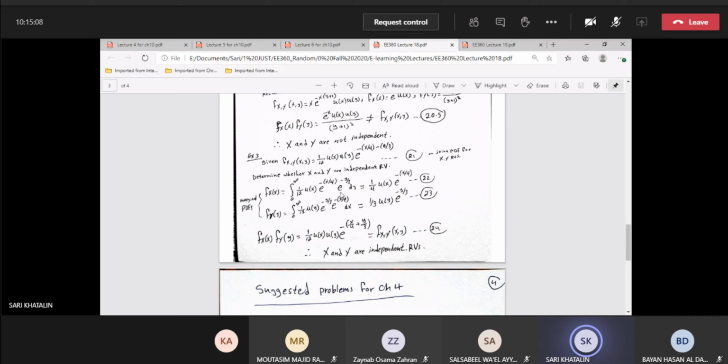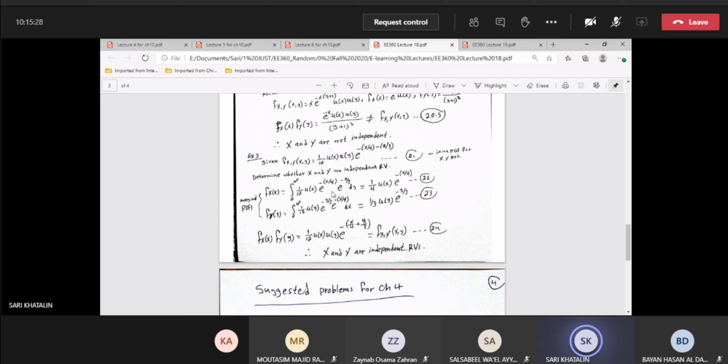And the same thing, we have this example right here, example 3. We have the joint PDF of x and y, and we need to determine whether x and y are independent. In order to do that, we need to find the marginal PDFs, like we learned last lecture.